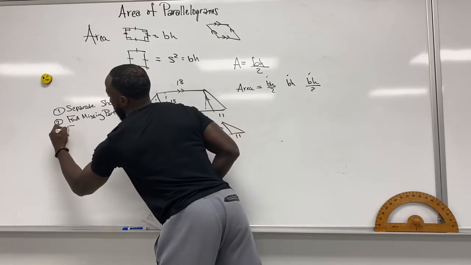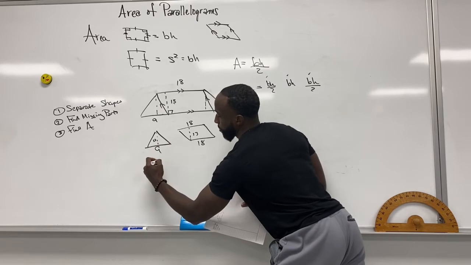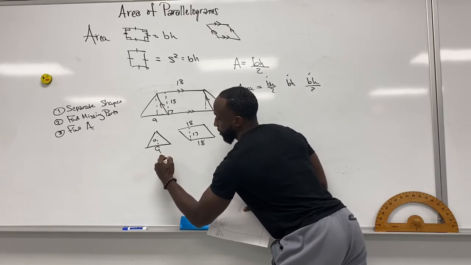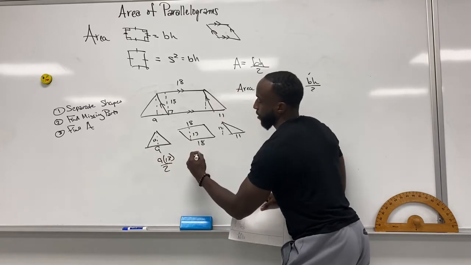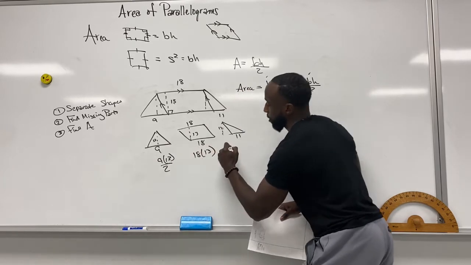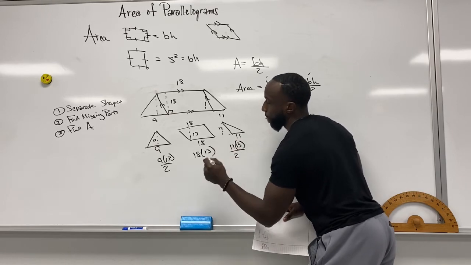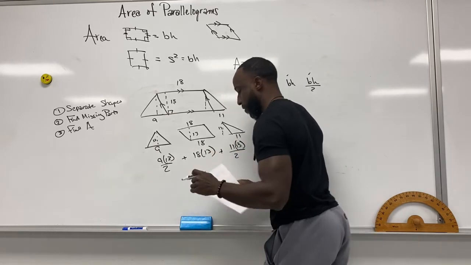The next thing we want to do is find the area. So this is gonna be 9 times 13 over 2. This is gonna be 18 times 13, and then this is gonna be 11 times 13 over 2. All right, and you're gonna add all of those areas together.